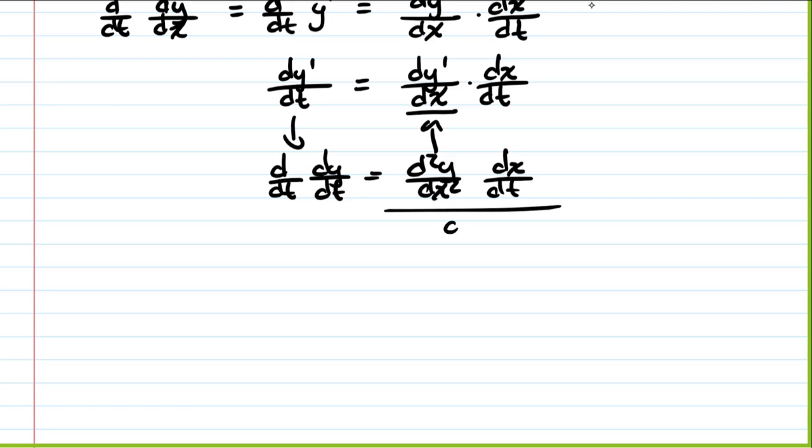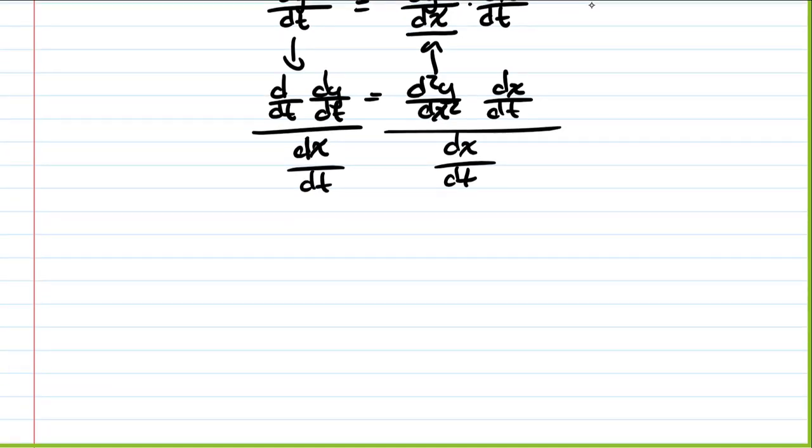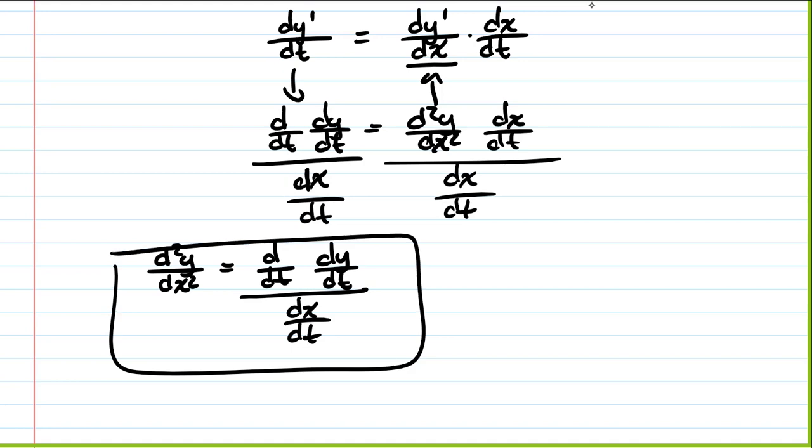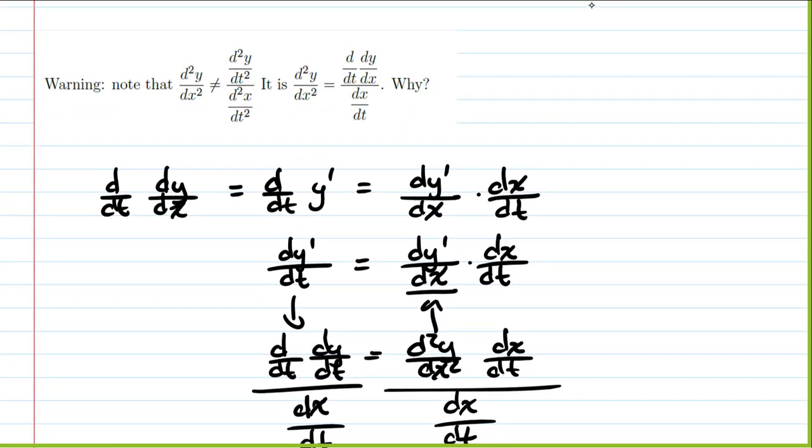So we divide once again by dx/dt, finally getting d2y/dx squared is equal to d/dt of dy/dx divided by dx/dt, which is what we claimed above.